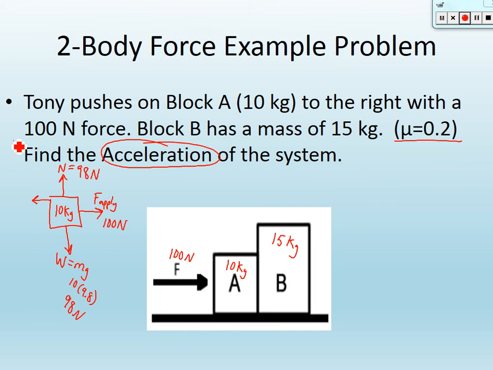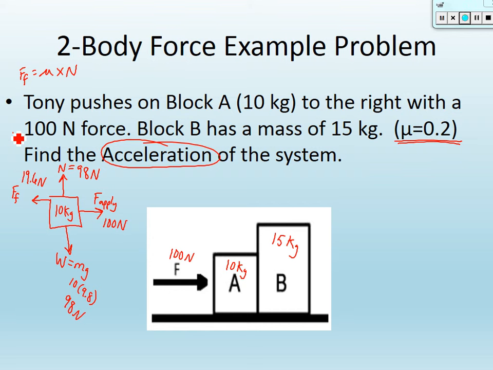Force of friction. Let's find its magnitude. Remember, guys, force of friction is equal to the coefficient of friction times the normal force. So let's take 0.2 times 98. What is that? 19.6 is the friction.